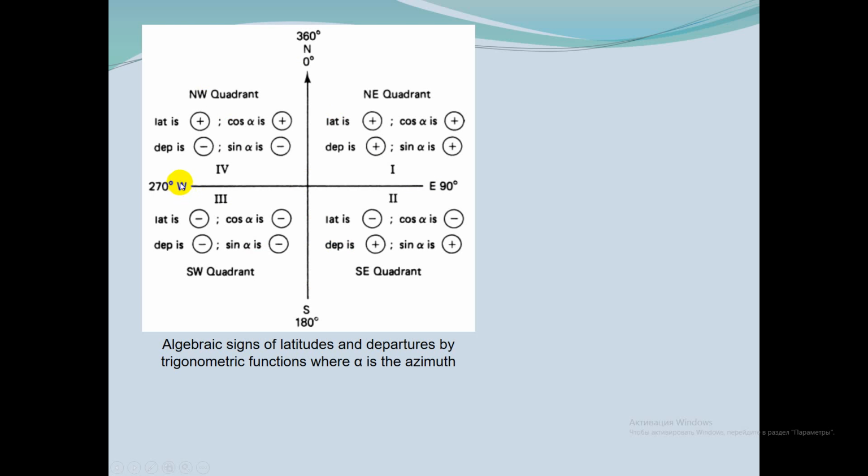When azimuths are used, the algebraic signs of the latitude and departure are given directly by the calculator or computer according to the trigonometric convention illustrated here.